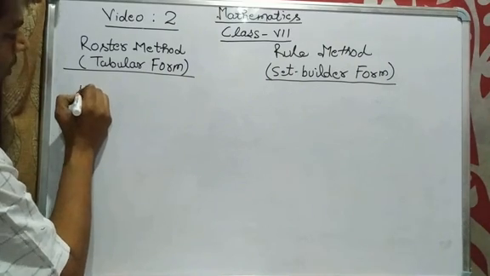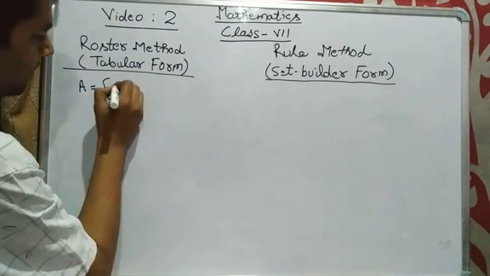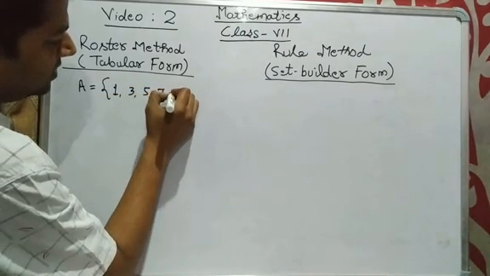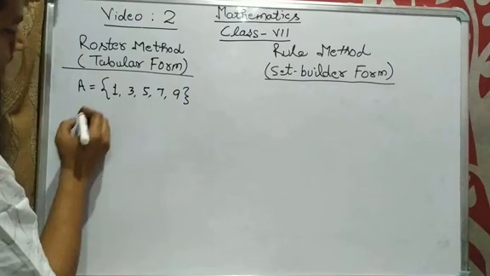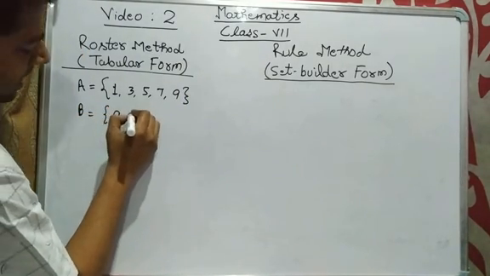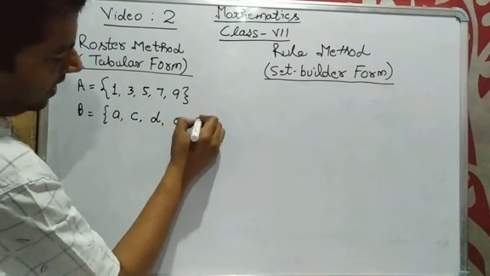In the tabular form, we write the elements separately. Suppose 1, 3, 5, 7, 9. Or another set B: a, c, d, e, f.